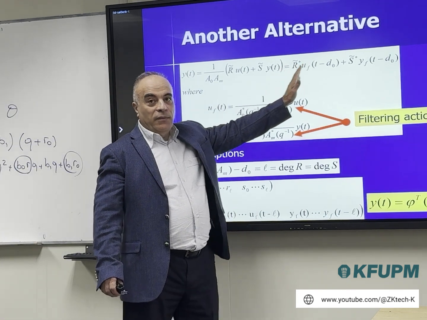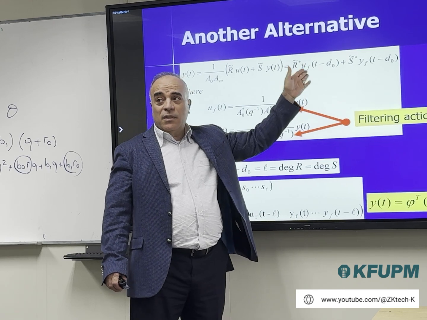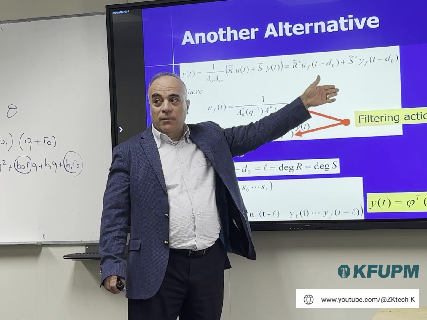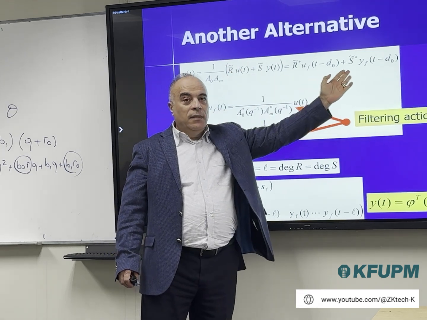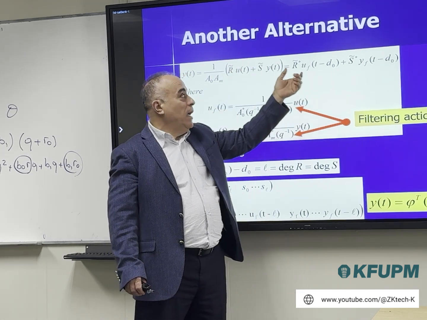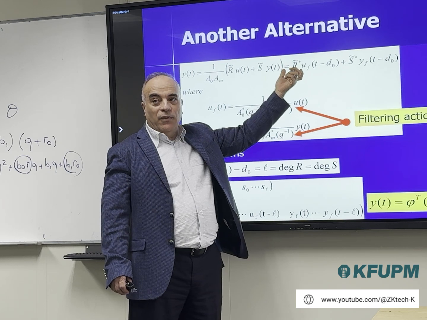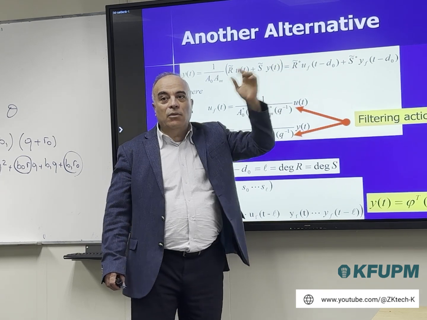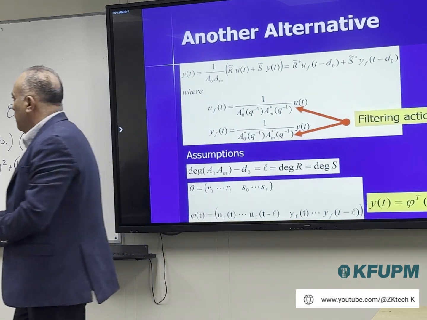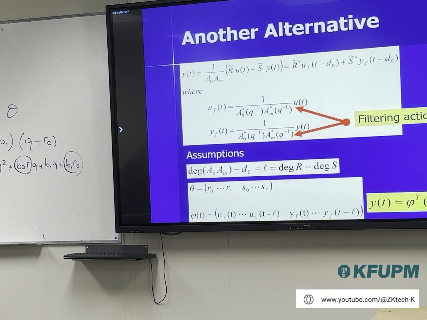When you do the identification, you are going to assume, of course, R is monic, but R tilde is not monic because you included B0. So you identify R tilde and S tilde, and the coefficient of the highest degree in R tilde is your B0. So basically you need to get 1 here. If you get something other than 1, then B0 is that value. Makes sense?